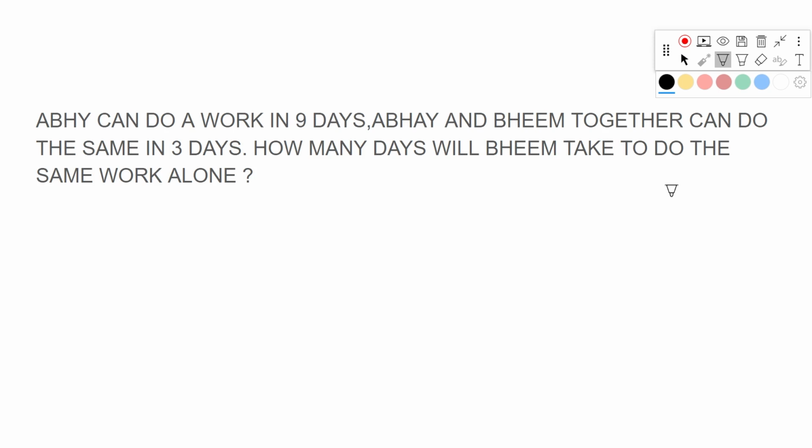Next important question. Abhay can do a work in 9 days. Abhay and Beam together can do the same work in 3 days. How many days will Beam take to do the same work alone? Again, we can use this formula. So Abhay can do a work in 9 days, right? So A means Abhay, and Beam we don't know.